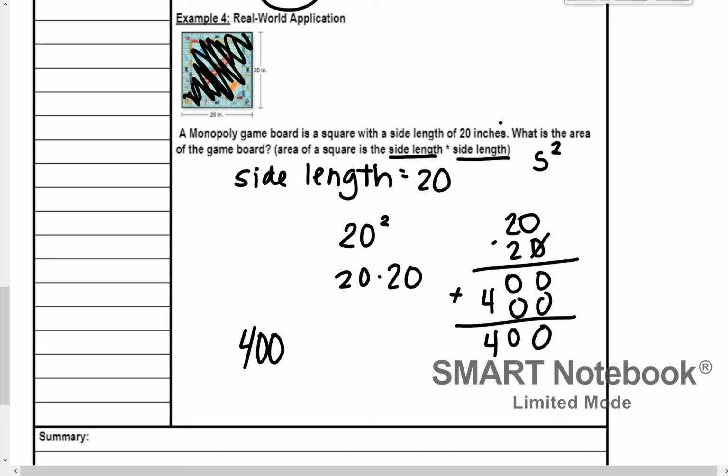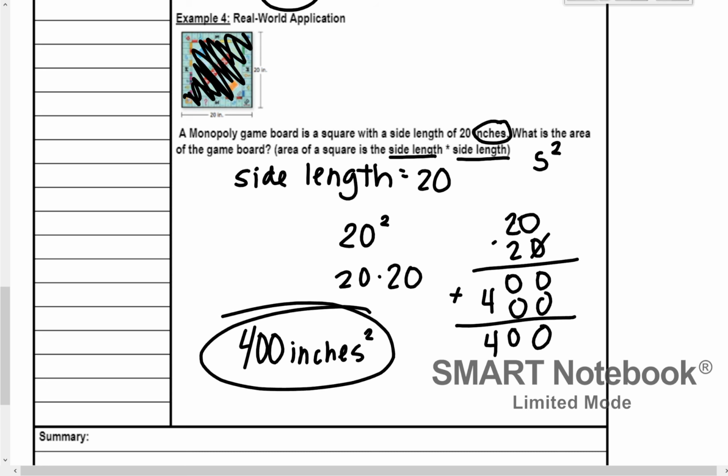I need a label, inches. And when we're doing area, since it's 20 inches times 20 inches, it's inches squared, because inches times inches is inches squared. So if you never knew, that's why we label area squared. Learn something new every day.